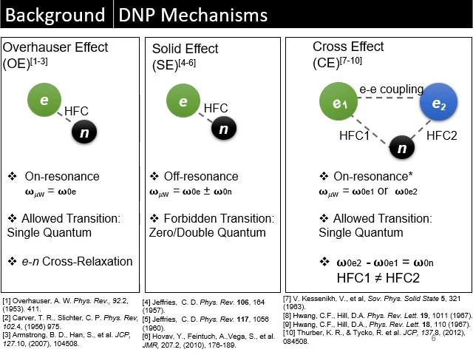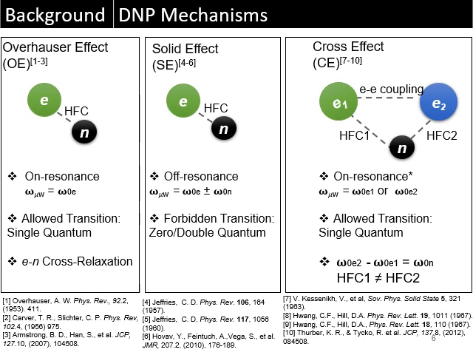Broadly speaking, there are three DNP mechanisms: Overhauser effect, solid effect, and cross effect. Both Overhauser effect and solid effect are two-spin systems, which involve one electron and one hyperfine coupled nucleus. For Overhauser effect, microwave irradiates at the on-resonance condition, which is an allowed transition and requires less microwave power. And cross relaxation is necessary for Overhauser effect. In solid effect, microwave irradiates at an off-resonance condition, which is a forbidden transition and requires more microwave power.